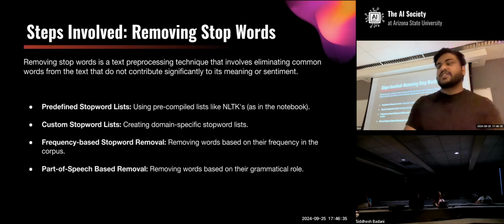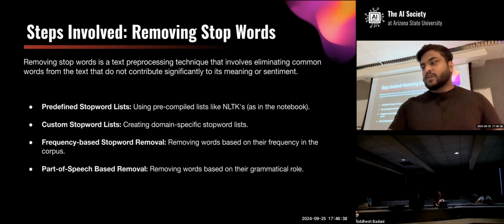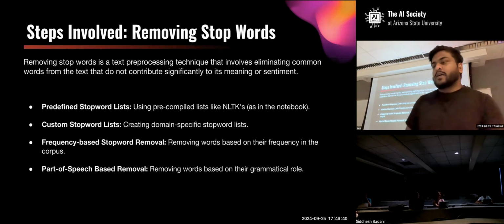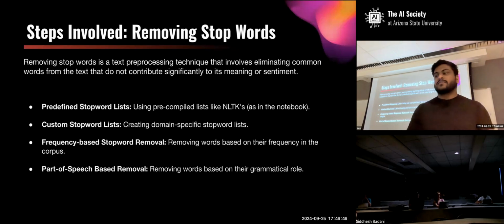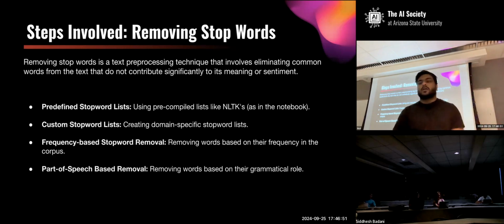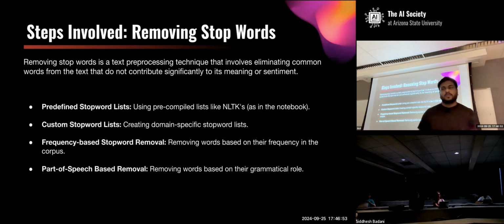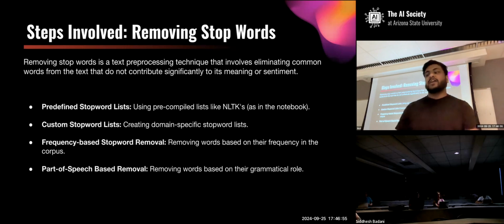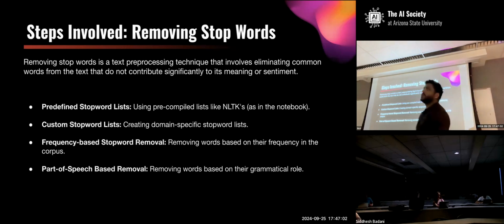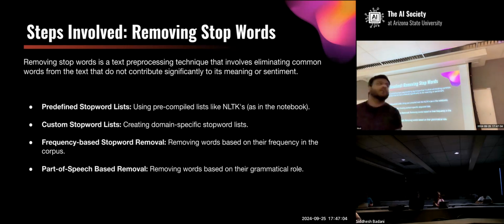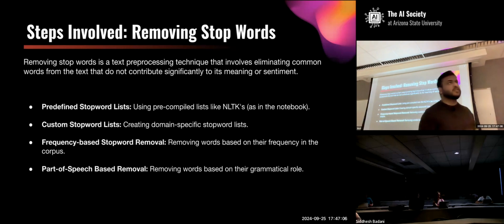They will still be the same. So just to give you an example, if you are analyzing a review like the food of this restaurant is amazing, the words the, of, is don't tell us much. It will still be the same if we read it like this: food, this restaurant, amazing. Still, we can make sense that this person is talking positively about the food of a certain restaurant.